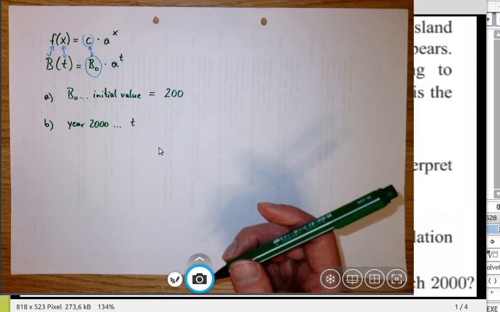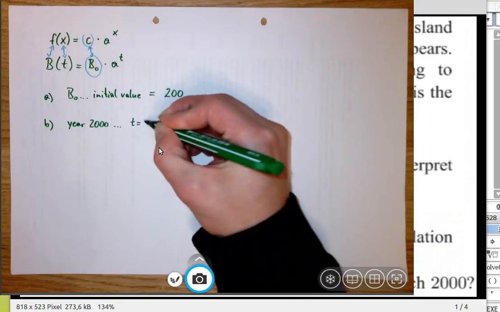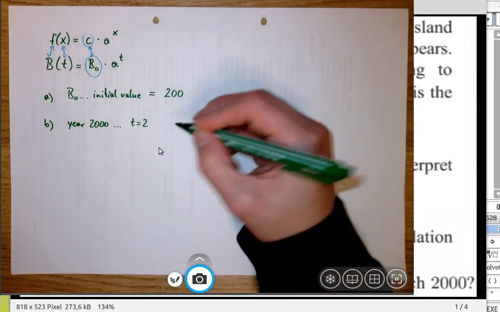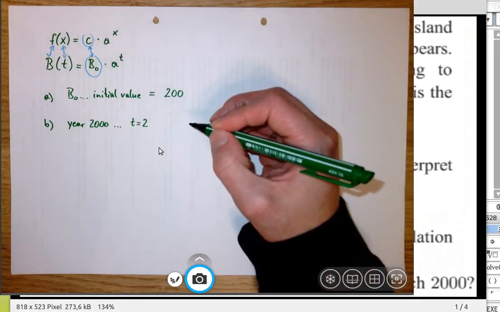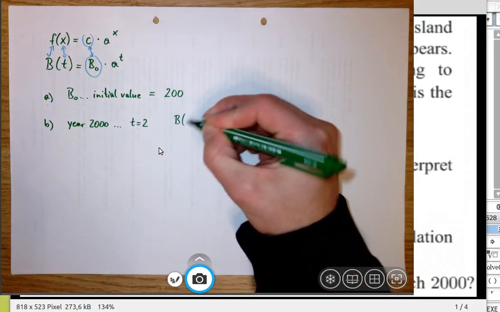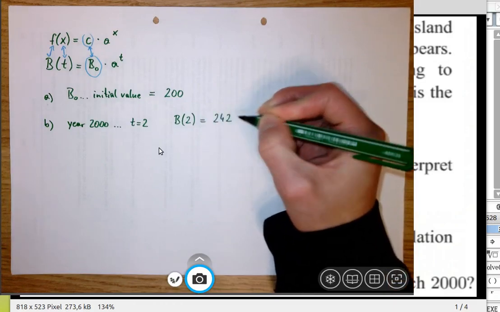The introduction was in 1998, so in the year 2000 t equals 2, and by this time the number of bears equals 242, so B(2) = 242.